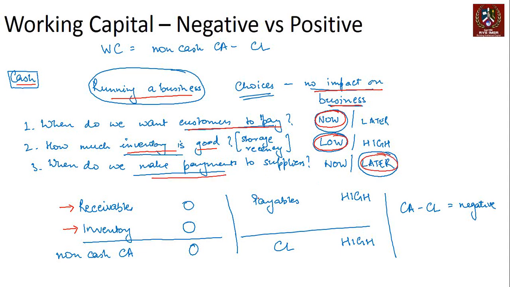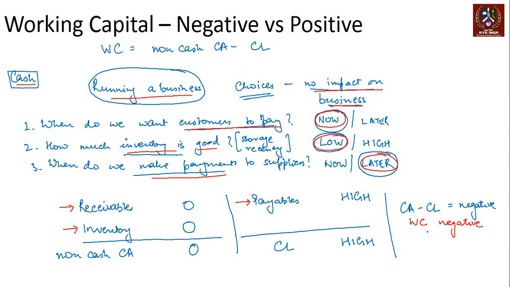So making of payments has to be later, which means we want payables to be high, at least higher than zero, correct? Which basically brings us to a scenario where current assets are zero and current liabilities are a non-negative high number, which gives me CA minus CL as negative, or in other words, working capital becomes negative, right?